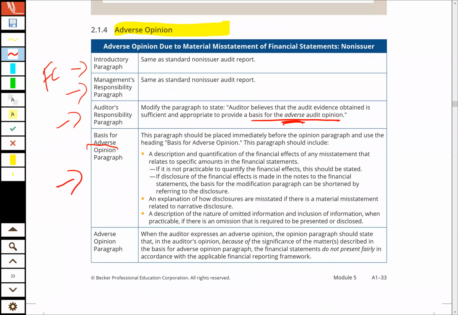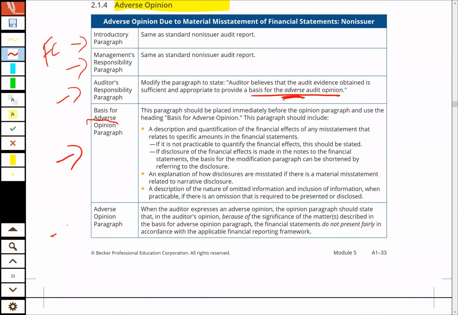And then the opinion paragraph is almost the same as unmodified, but now we use the words because of the significance of the matters described. That's why we're giving an adverse, and we say that the financial statements do not present fairly.